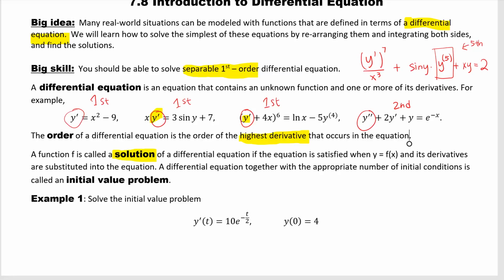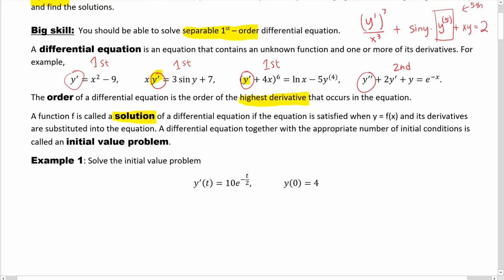How do you find c? You plug in the initial velocity to find c, right? And then when you integrate the velocity, you get the displacement, but it's also another antiderivative, so you obtain a new constant d. How do we find d? Well, you plug in the initial displacement to find d.